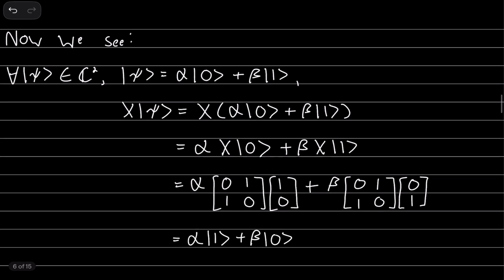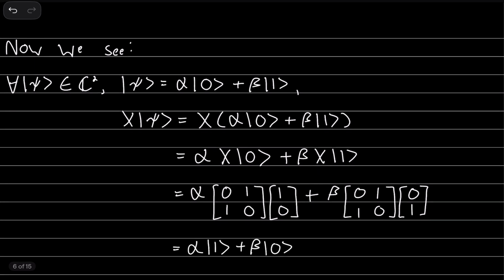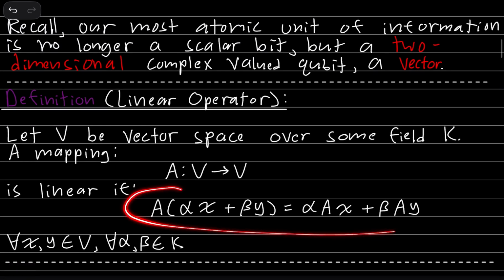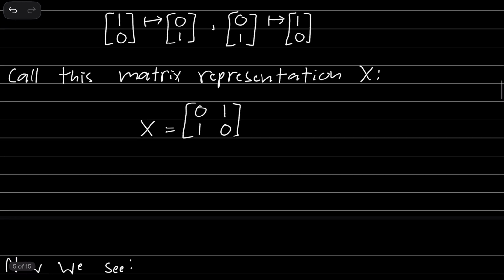This shows us how we can apply it to an arbitrary quantum state in superposition. So we have our quantum state here, and this is our operator. When we apply it to this state, we can distribute it, which is what we do here, because X is a linear operator, so it obeys this property.